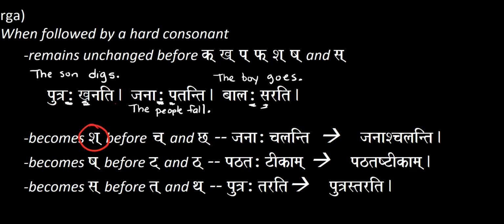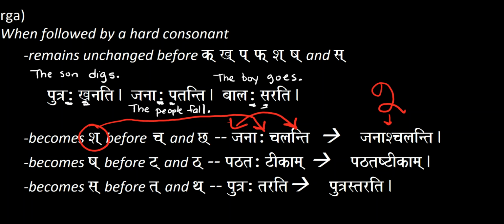The half sha is going to replace the visarg, and instead of writing out the entire sha, you could just write that, and that is what is being done right here. And the two words are being joined together for it to be janash chalanti. Notice that it's easier saying janash chalanti than janaha chalanti. There's more of a flow to it.